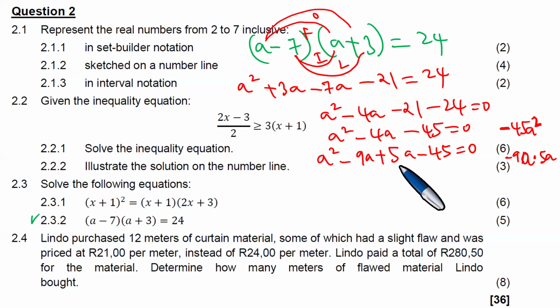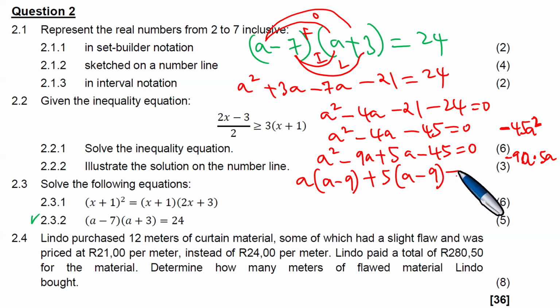Then you pull out a, and you have a minus 9.